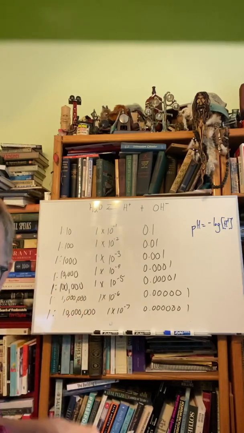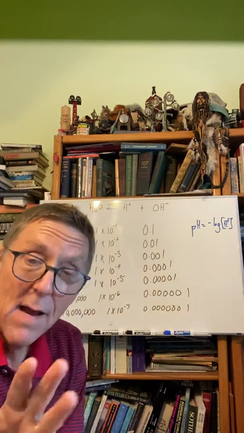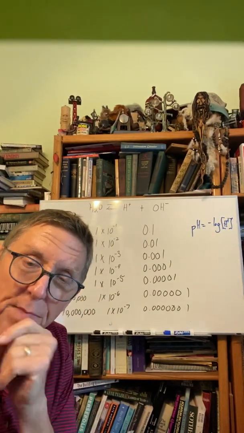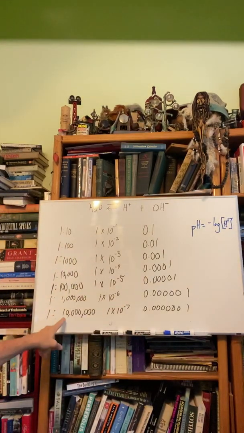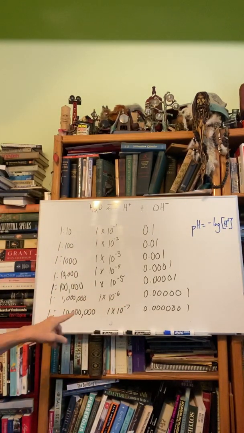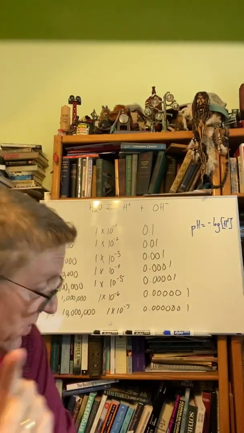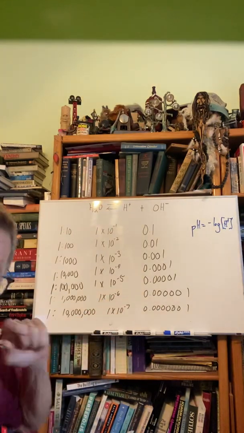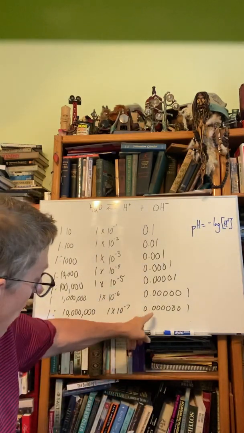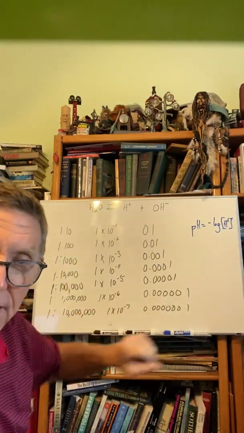That's 1 in 100,000. Still doesn't happen that often. It actually happens this often right here. 1 in every 10 million water molecules, 1 times 10 to the negative 7, or you could write it out like this.